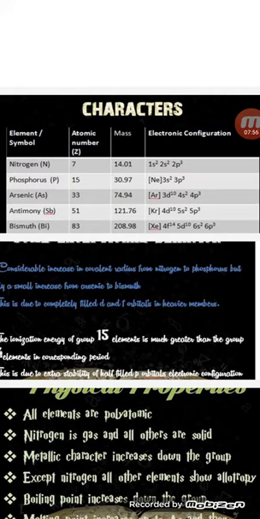Furthermore, if you see the configuration of nitrogen, phosphorus, arsenic and bismuth, you will find that the valence electrons are in the form 2p3, 3p3, 4p3, 5p3, 6p3, and p3 is half filled configuration, which is very much stable, and previous to that 2s2, 3s2, 4s2, 5s2, 6s2 is also very stable, being fully filled.